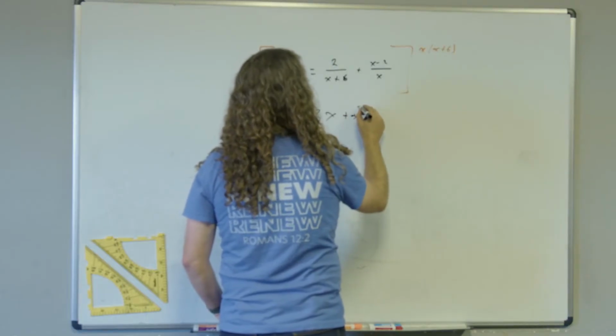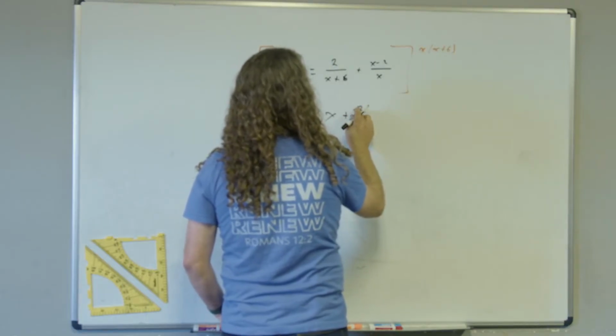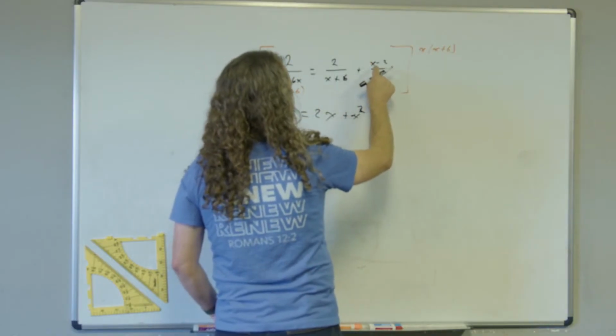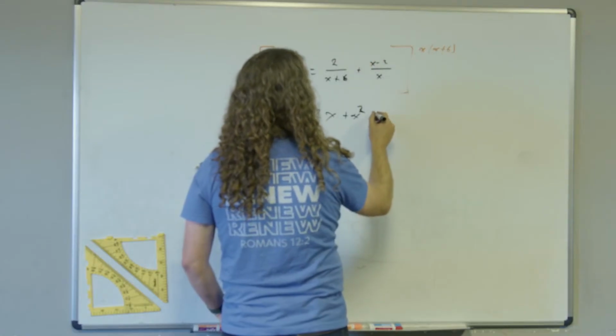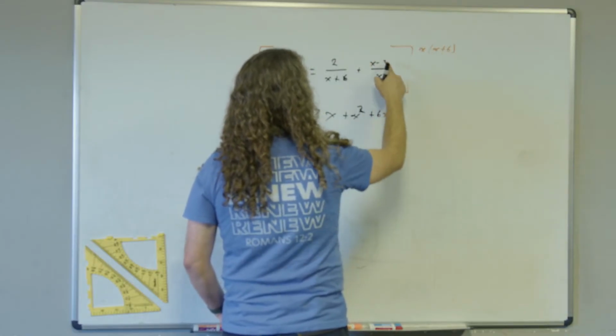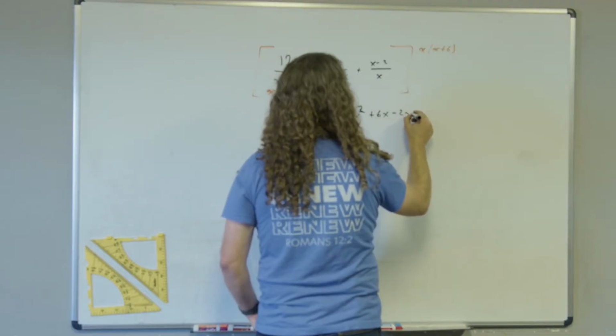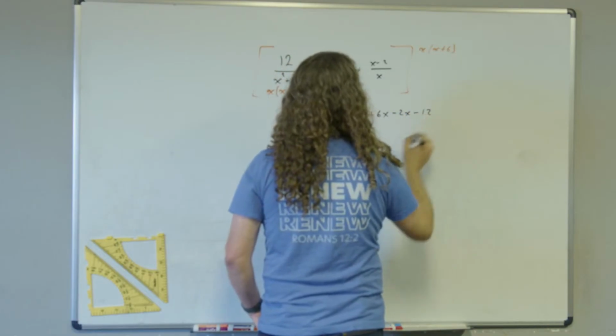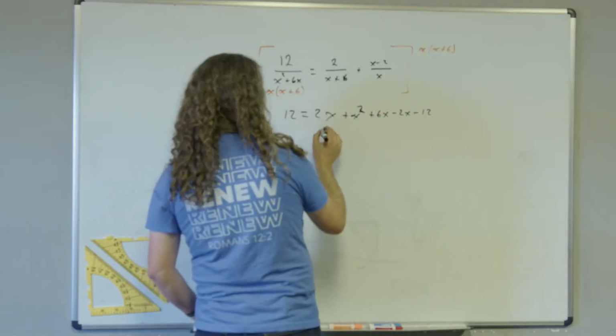I'll go ahead and write it all the way out this time. I like to use a shortcut in pre-cal, but let's write it all the way out. X times 6 is 6x. And then negative 2 times x is negative 2x. Negative 2 times 6 is negative 12. Combine like terms.